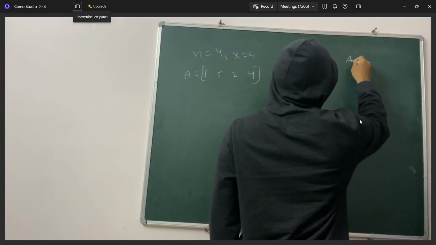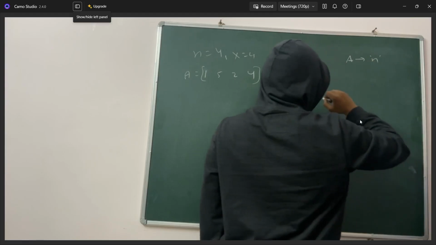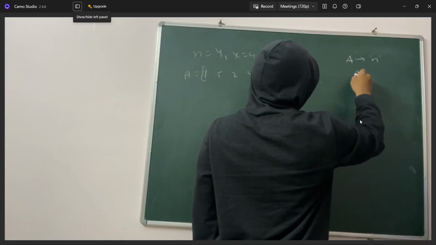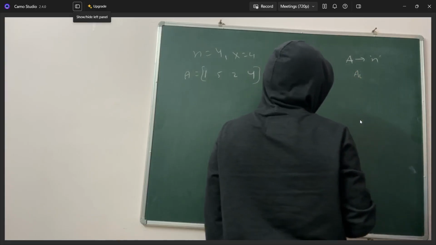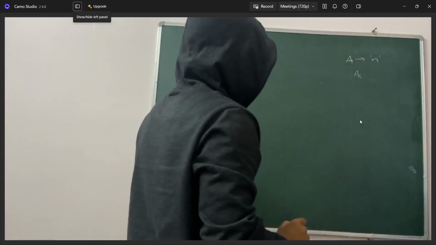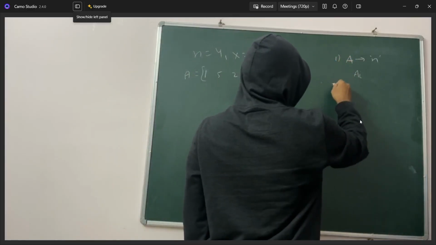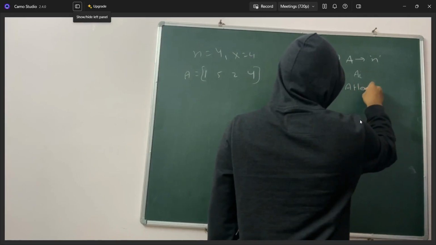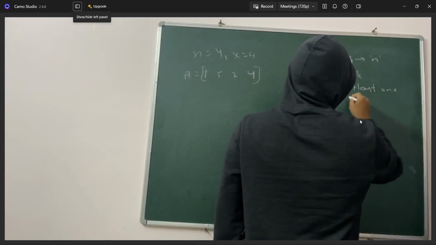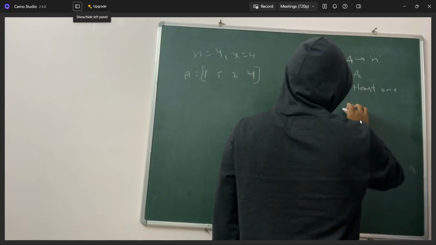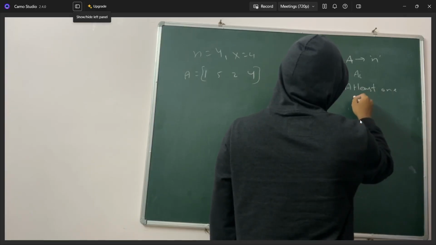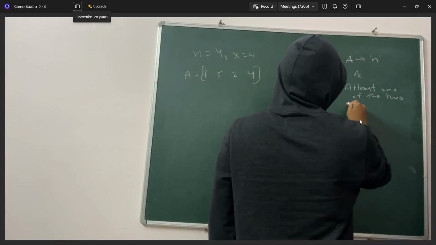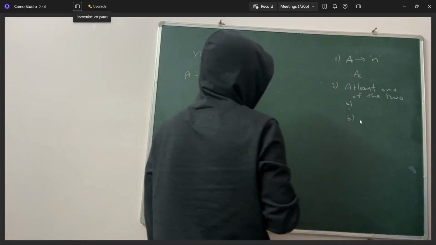Now in the question, we have array A whose length is n, and we have array elements A[i]. The thing they have asked is that you'll have to find at least one of the two cases.